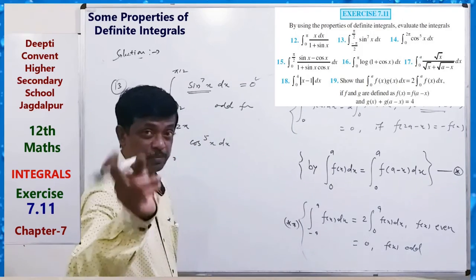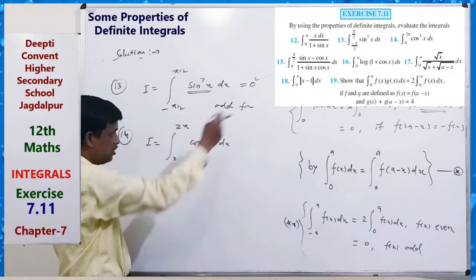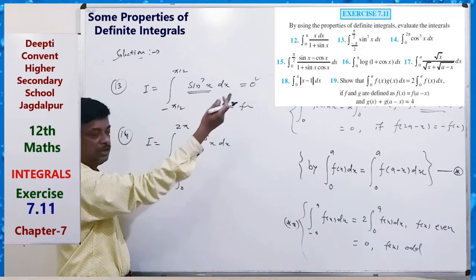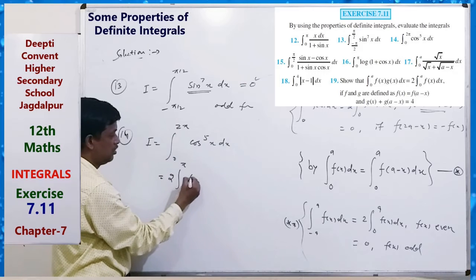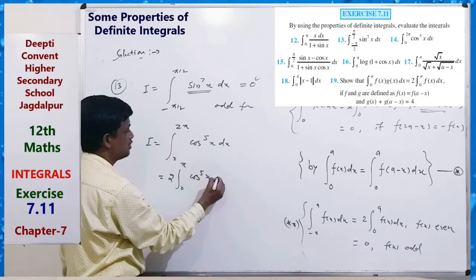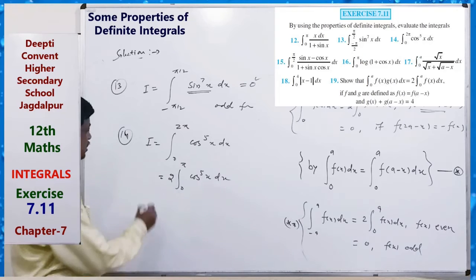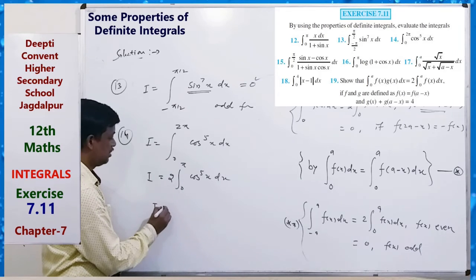So you have to write the property, and by using that property, this equals 2 times the integral from 0 to π of cos^5 x dx. Clear? Now we can solve it. How?